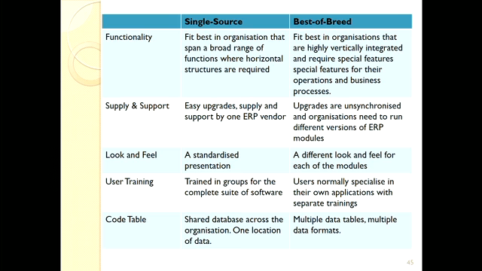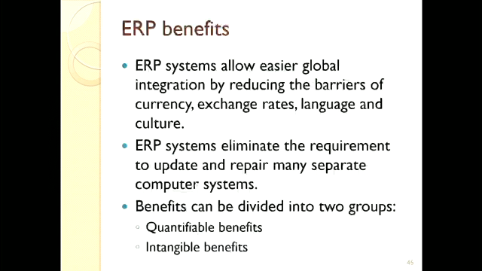So that's the biggest problem of using a best of breed system: there may be some integration problems. And there are some other pros and cons of single source and best of breed systems. You can look at them yourself. But the most important advantage and disadvantage I already mentioned to you. So those are the 2 systems here.